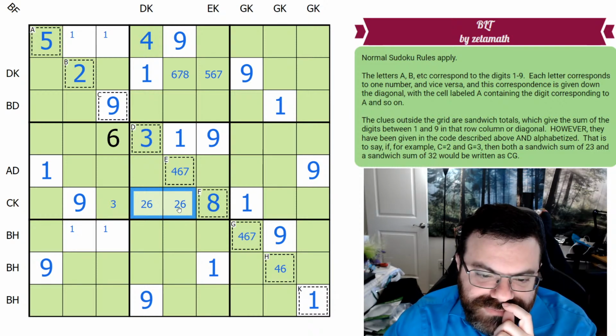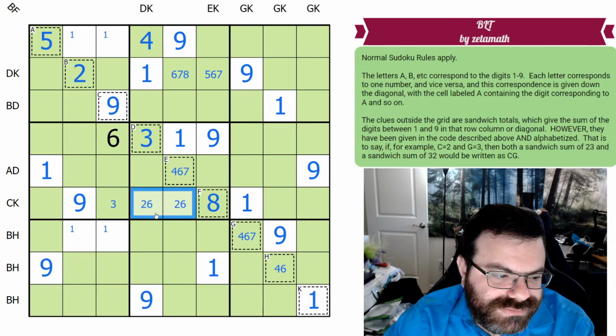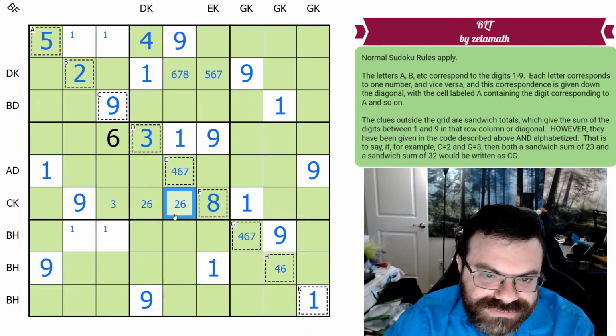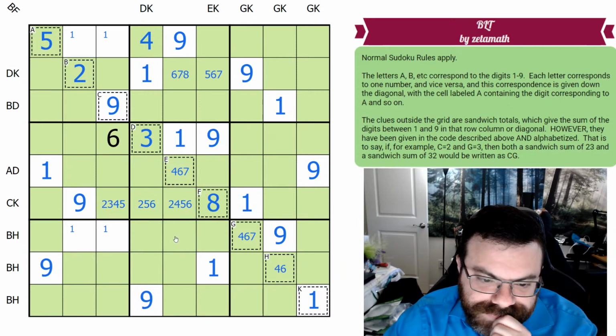We have 19. We need 11, right? Yeah. 6 plus 5 is 11. And then the other option is 2, 4, 5. The 4 would be here. The 2 could be anywhere. 5 could be anywhere.